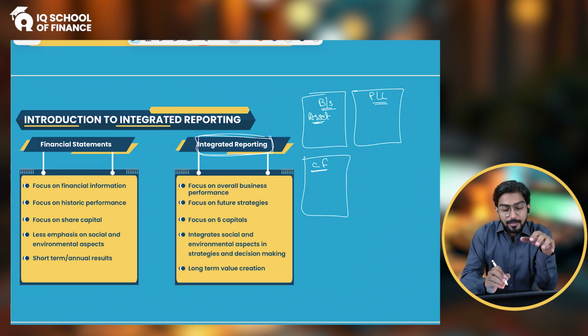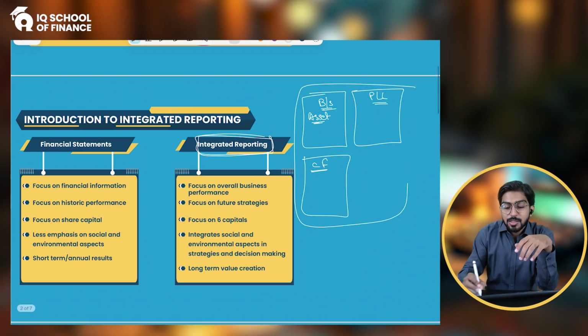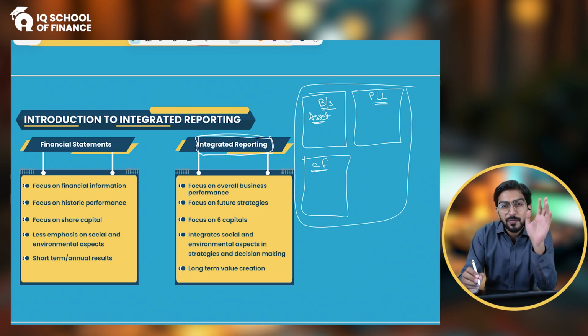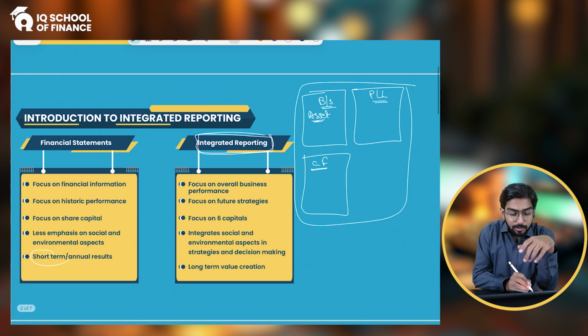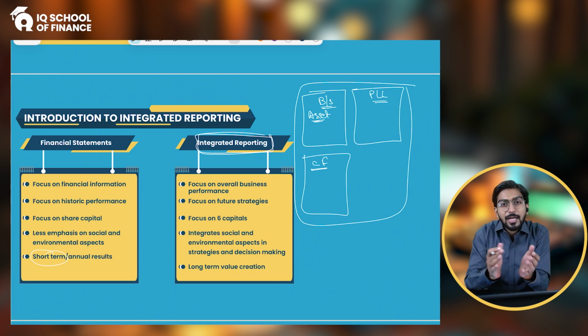The thing is that this financial statement information is going to give you information about the future. I don't disagree, but it is only going to give you the short term or the annual result, like 1 or 2 years ahead. It will tell you how good the results are going to be, but not for the longer period, like 5 years, 10 years, or 15 years.